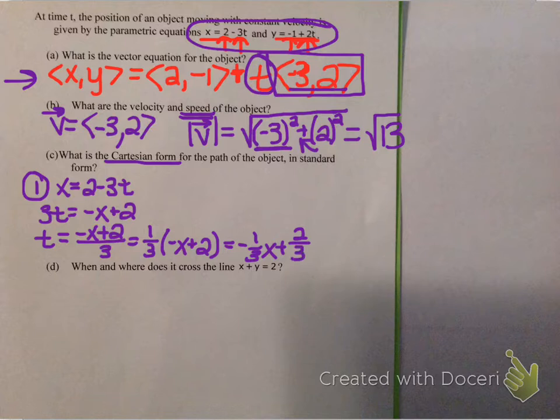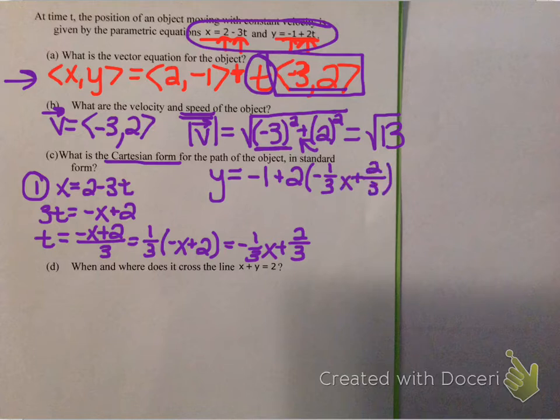Your ultimate goal is to then take that equation and plug it into the y equation. So you have y equals -1 plus 2, and now you have a formula for t. So t can get replaced. Okay? Now since I've gone ahead and I've gotten it, I'm going to go ahead and use the final version of the equation I just wrote.